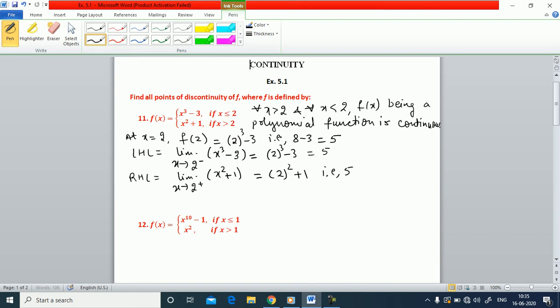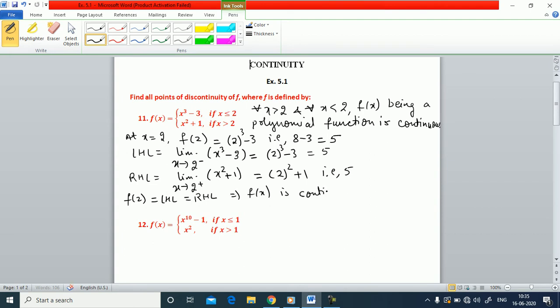So you can see very quickly that the value of the function at 2 is equal to the left hand limit, which is further equal to the right hand limit. We had already shown that for all real numbers less than and greater than 2 the function is continuous, and here we have shown f(x) is continuous at 2.